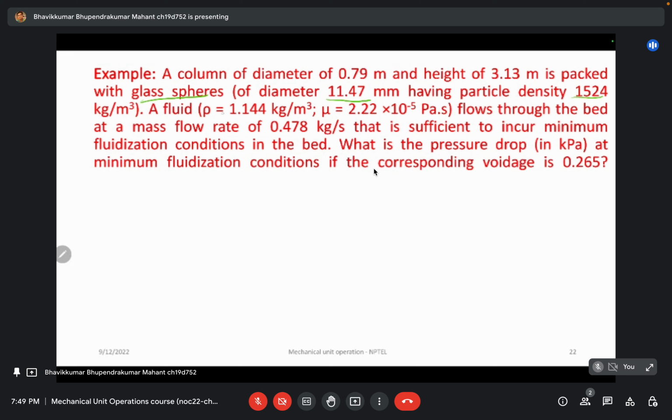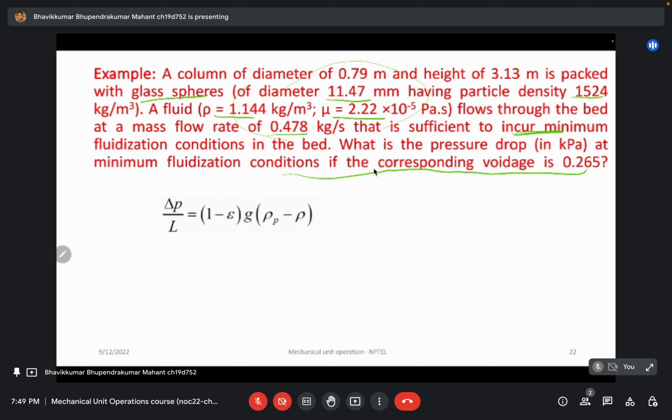Again we are flowing a fluid for the fluidization, which has a density of 1.144 kilogram per meter cube and viscosity 2.22 into 10 to the power minus 5 Pascal second, flowing through the bed at a mass flow rate of 0.478 kilogram per second. This condition is sufficient to incur minimum fluidization. Then what is the pressure drop at the minimum fluidization condition if the corresponding voidage is 0.265?